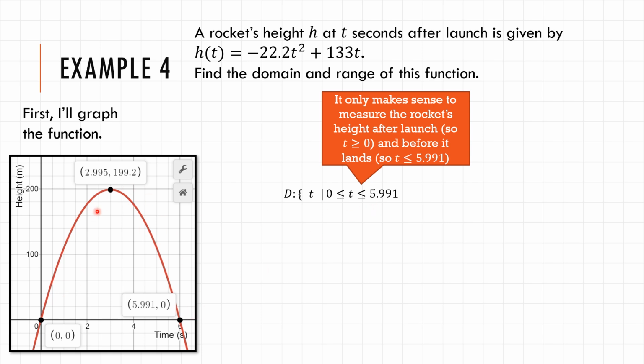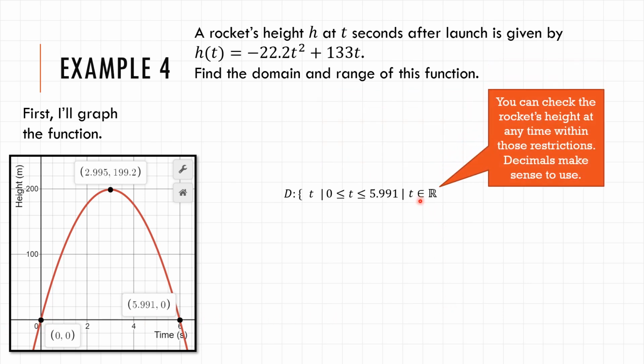There's no way that we can honestly answer that because the rocket doesn't actually go below that line. And so I might say that t is a real number as long as it's between 0 and 5.991.